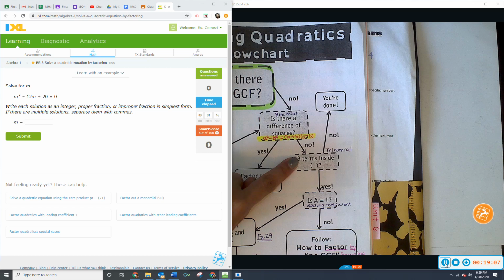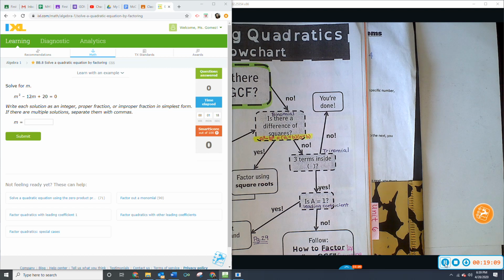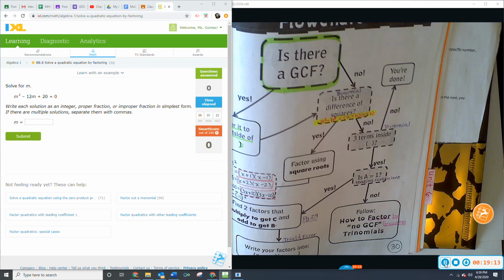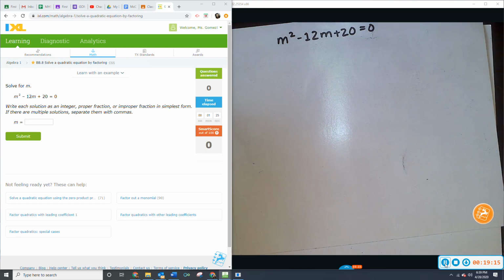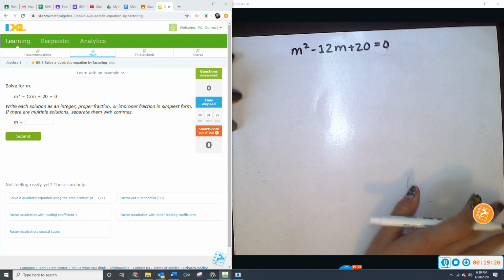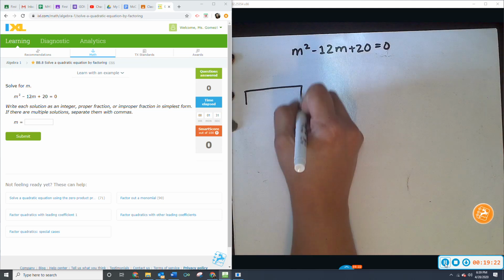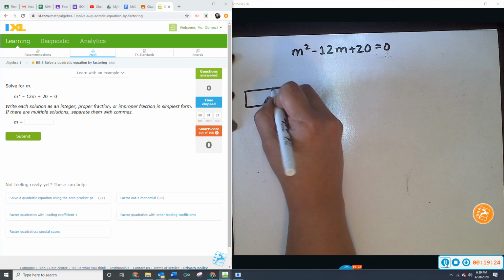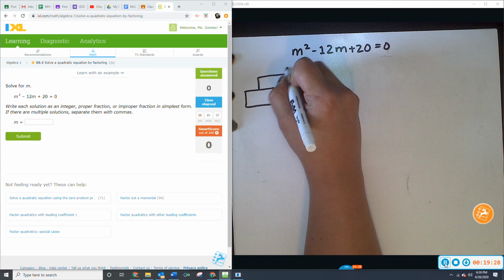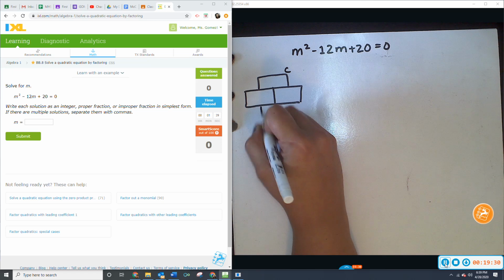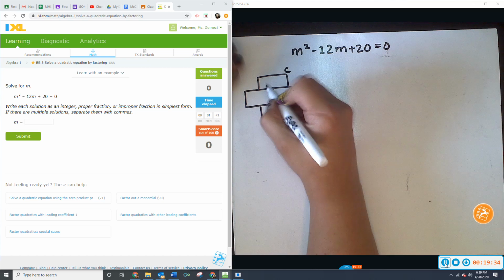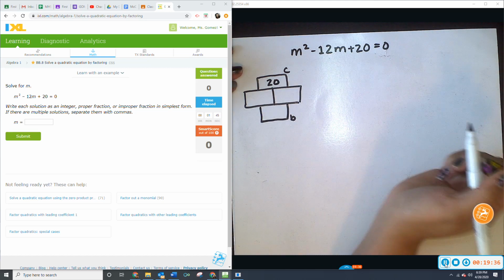A is equal to 1, so therefore we get to use trial and error, which was the previous page, page 34. Now remember, you can do your puzzle pattern boxes if you'd like. Remember, up here is C, down here is B. So my C is a 20, my B is a negative 12.